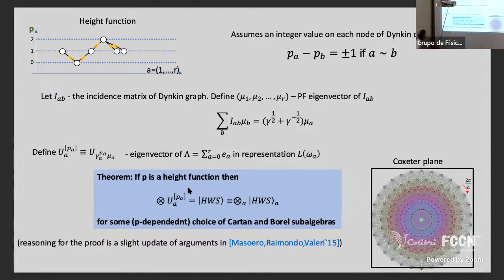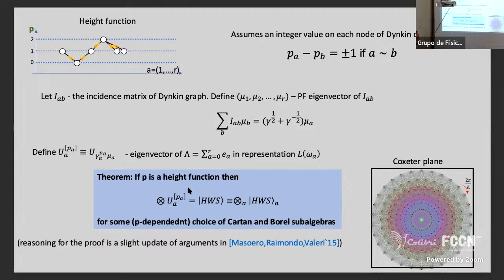Every time we go to the next node, we are allowed to go either up or down by an integer, exactly by 1. So p is the height of this node, and if two nodes are adjacent in the Dynkin diagram, we impose the condition that the difference is plus or minus 1. We call this the height function, or Coxeter height function.